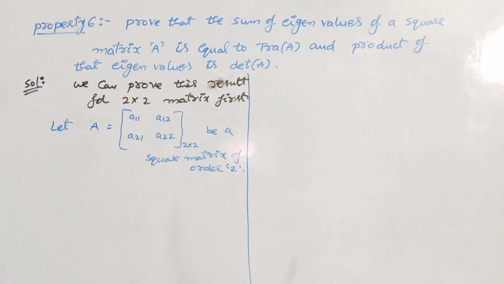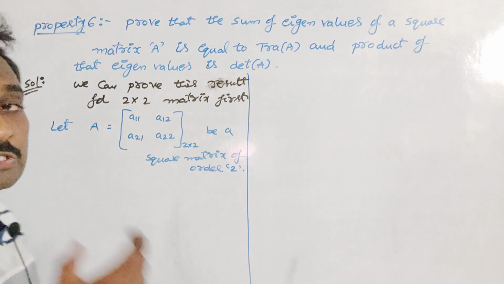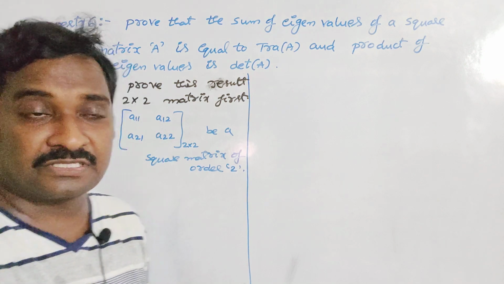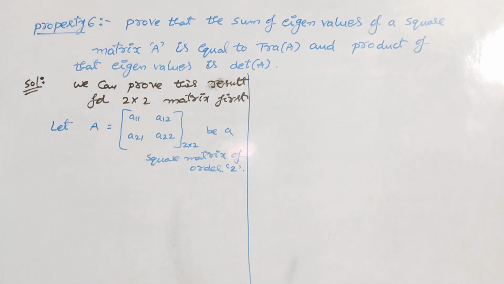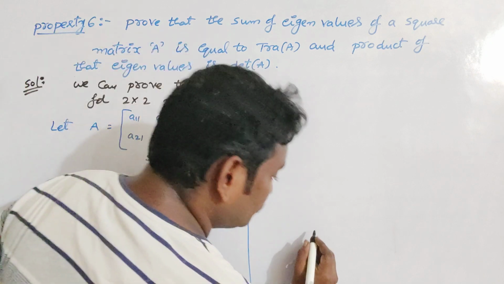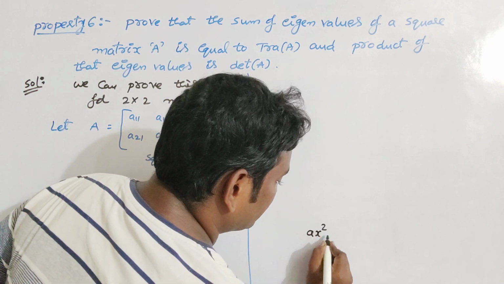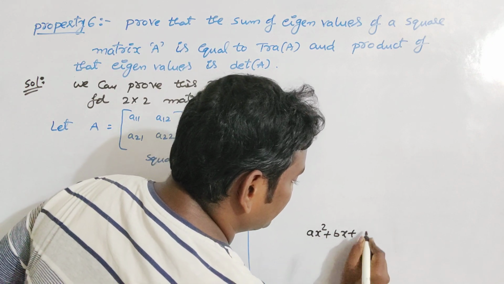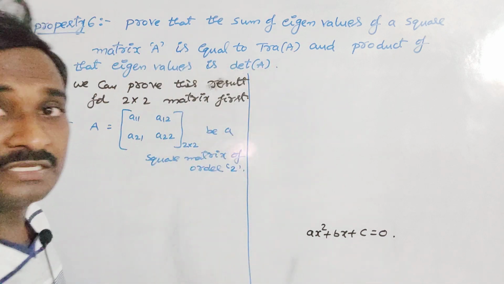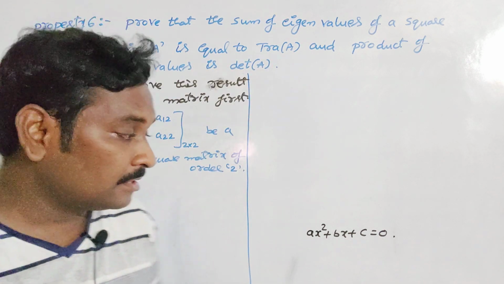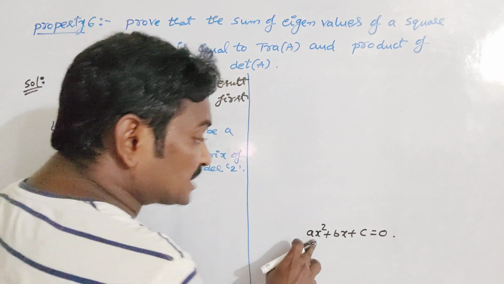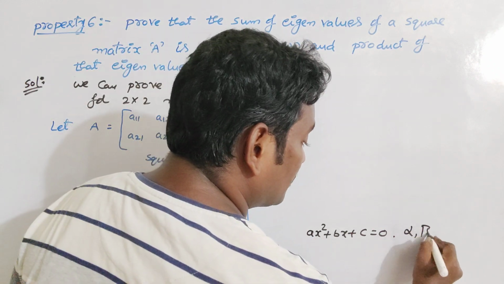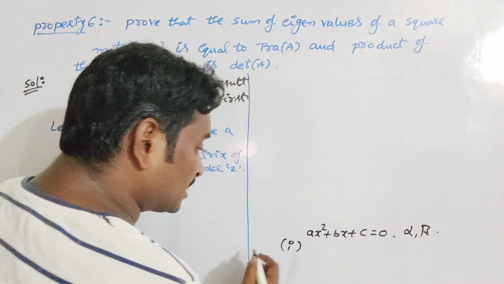Before starting the proof, I want to explain one small rule in quadratic equations. Already you know that ax square plus bx plus c is equal to 0 is the general quadratic equation. Everybody knows that it has two roots, say alpha and beta.